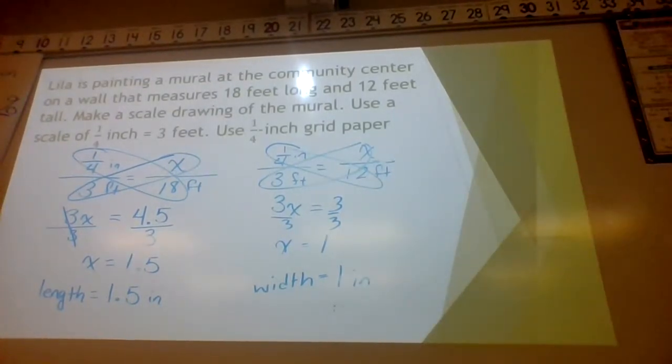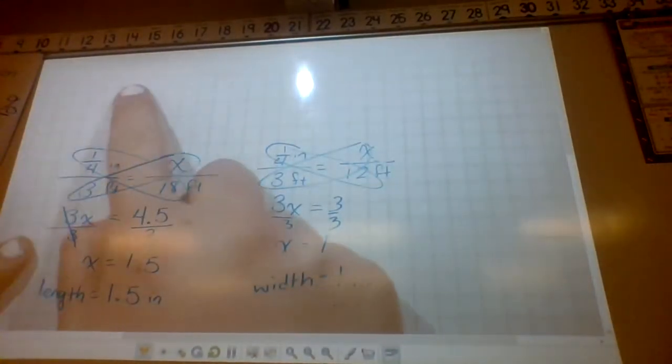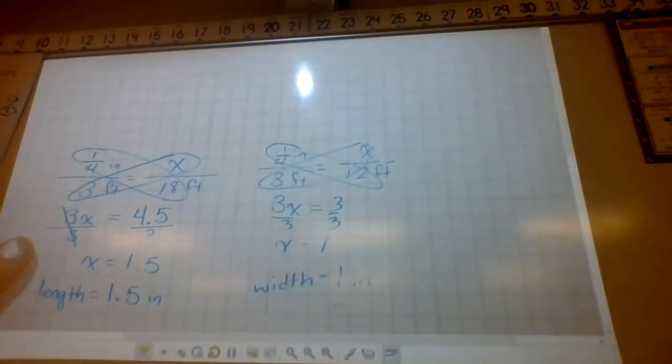What you will then do is you would take that paper I gave you at the very beginning of class, when you're still working on other stuff, that grid. Each one of these is 1/4 inch.